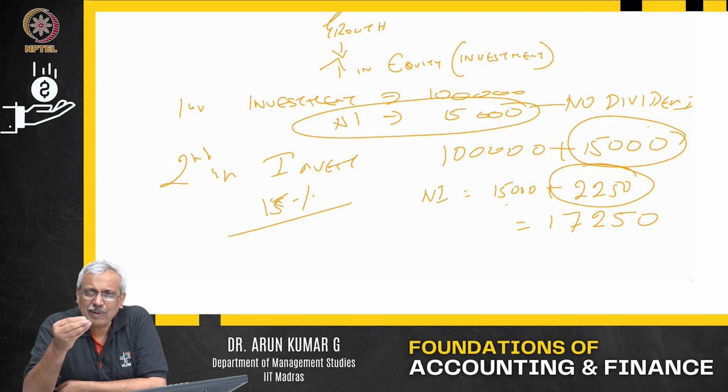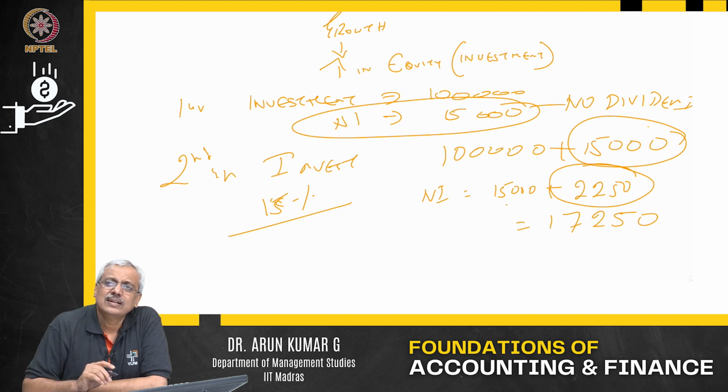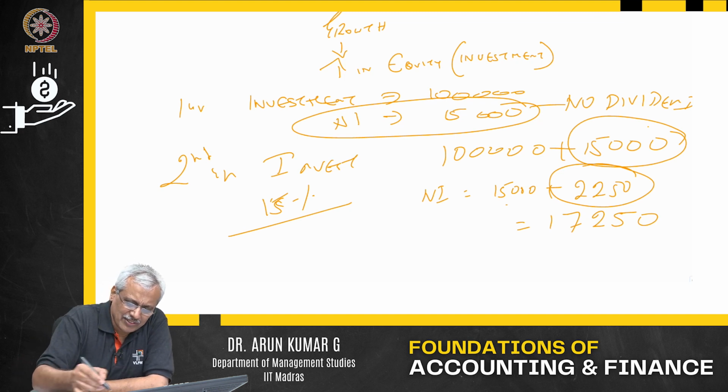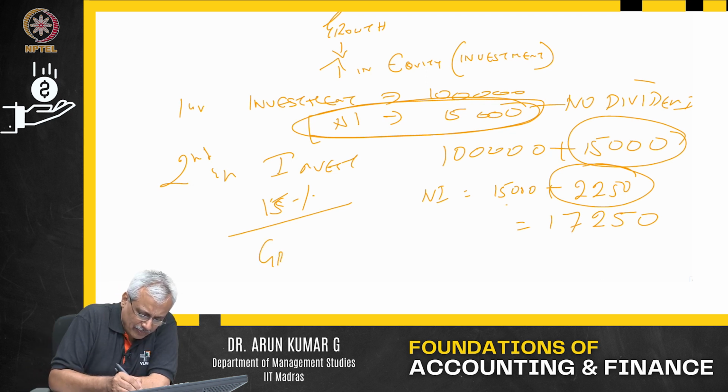I can improve the packaging a little bit, whatever it is, to get more appeal for the product. So you are making an additional investment, and that is because you did not give dividend and you retained your net income in the case.